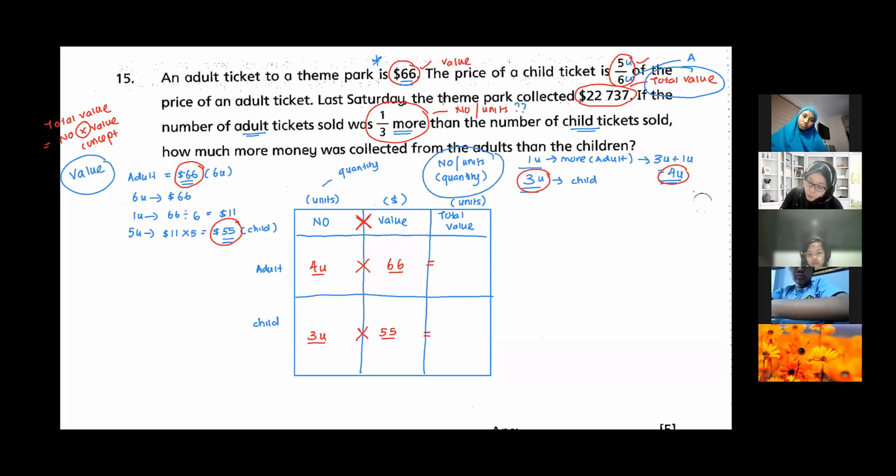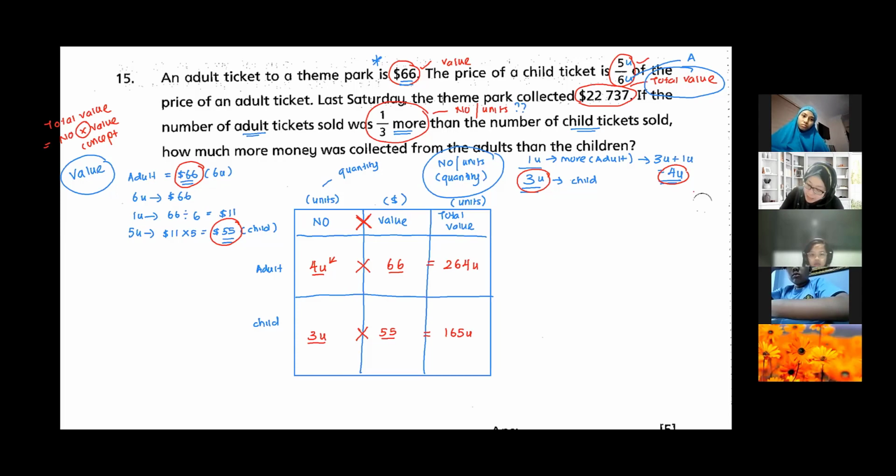4 units times 66 is equal to 264 units, because there's a unit there. You don't ignore the units. Then 3 units times 55, I will get 165 units. Again, do not ignore the units.